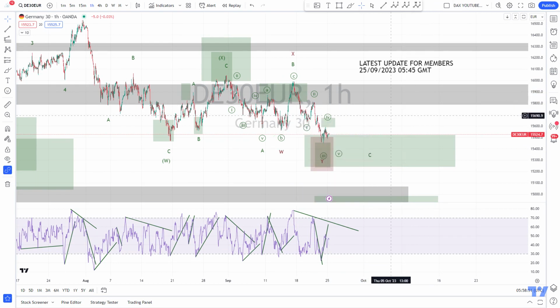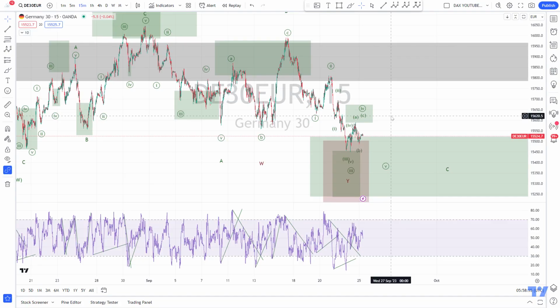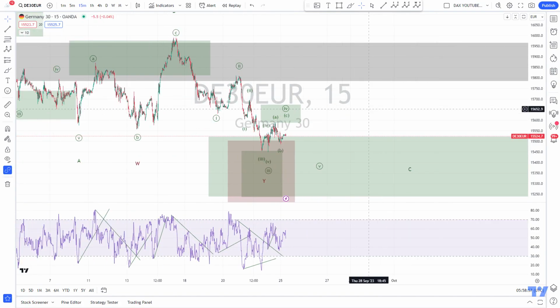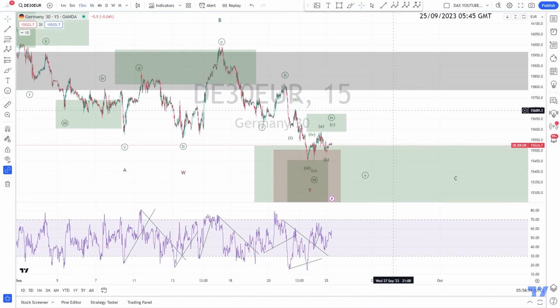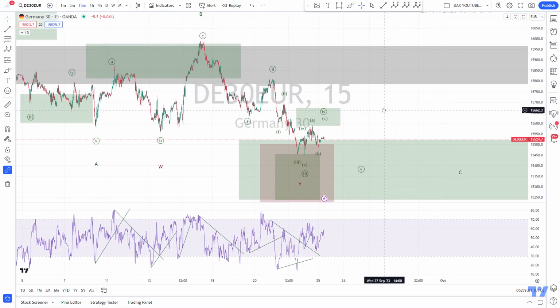And then on the 15 minutes, this is really micro counting now, but it can be important.